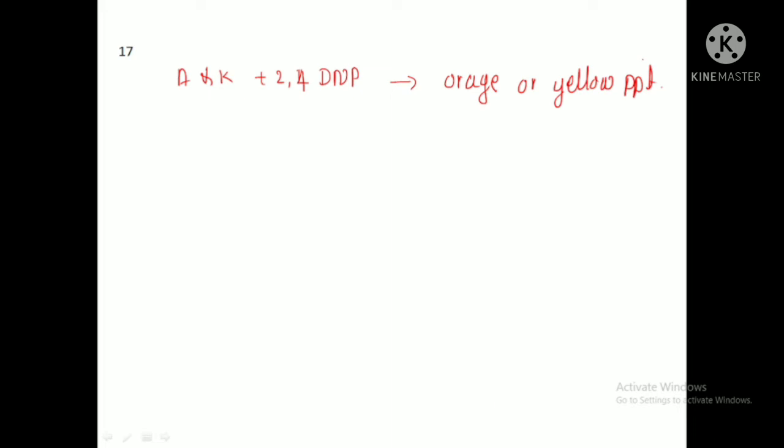If you take an organic compound containing an aldehyde or ketone and treat it with 2,4-DNP, you will get an orange or yellow precipitate.